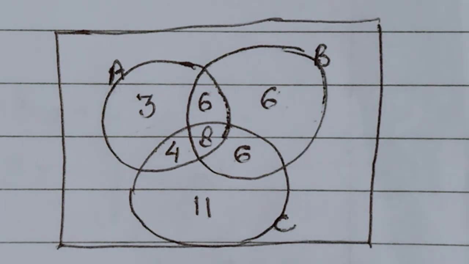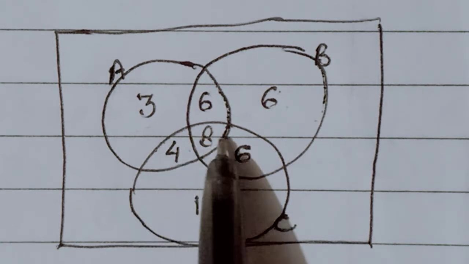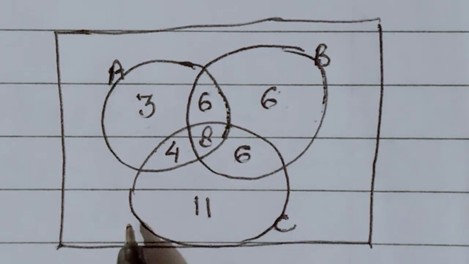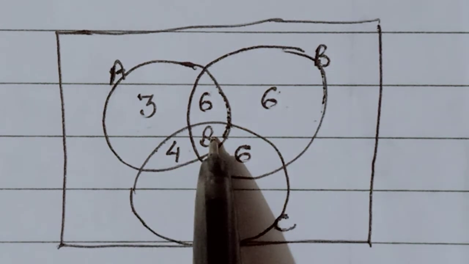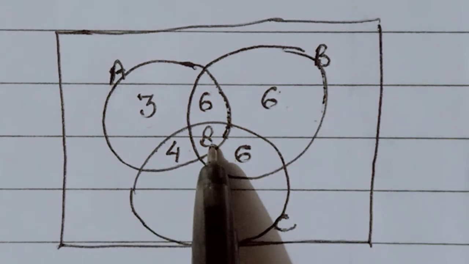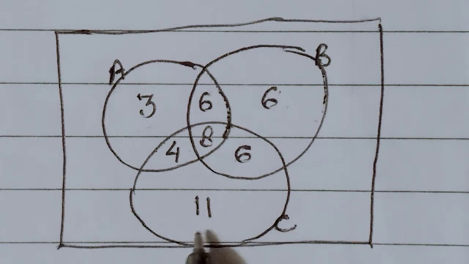Likewise, the cardinal number of C is given to you as 29. The whole C is 29, out of which again 18 have been adjusted here. 6 plus 4, 10 plus 8, 18. So 29 minus 18, that gives you 11.